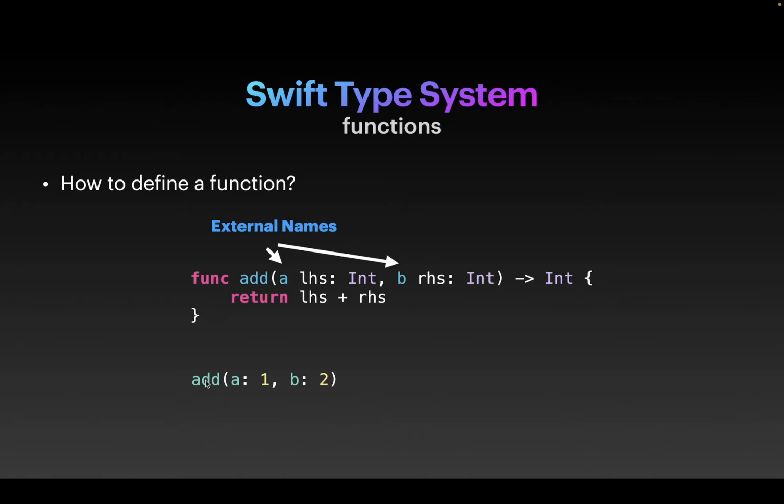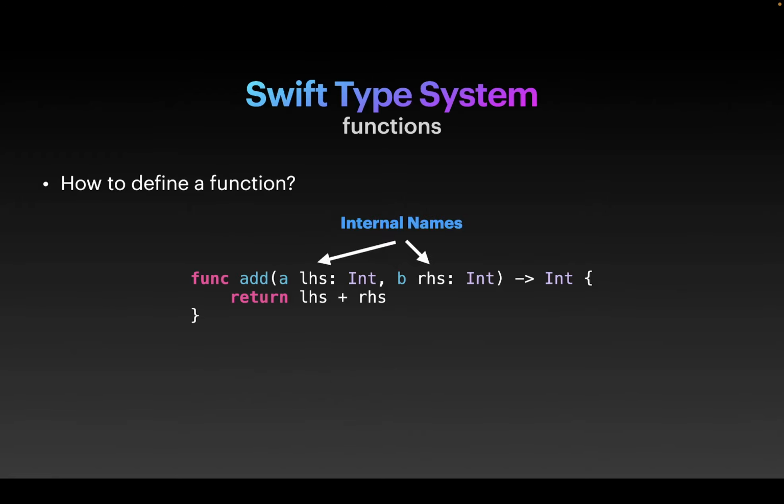So when you call the function, the syntax looks like this. The name A is used as a name to the caller. You call add, you go with A, and you go with B. That's the external names, okay? Correspondingly, the left-hand side LHS and the RHS are the internal names, so they are used internally in your function, okay?